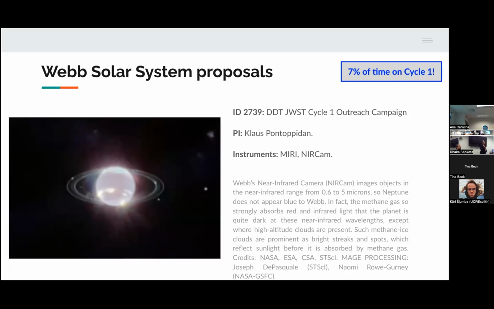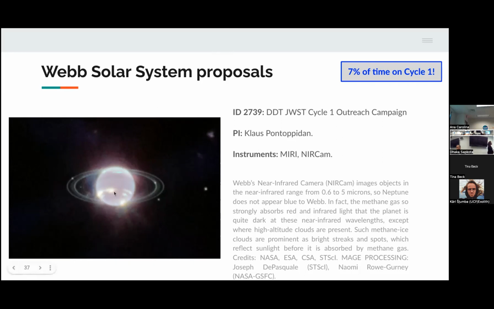And here is a close-up. So we know that Neptune in the images before was totally blue. So why is Neptune not blue in this image? Because it's also an image from MIRI. In this wavelength, the methane is so active, it absorbs too much, then the object becomes almost dark.